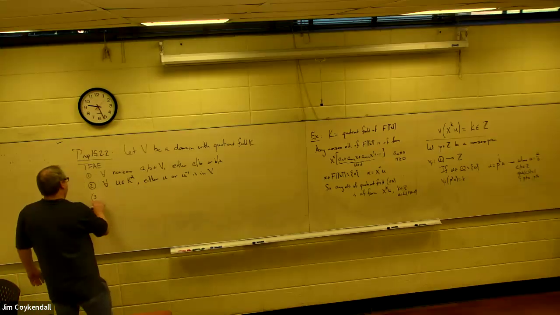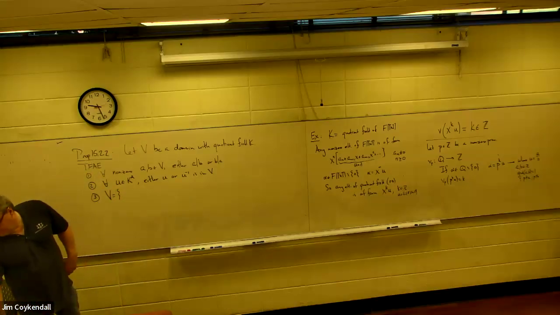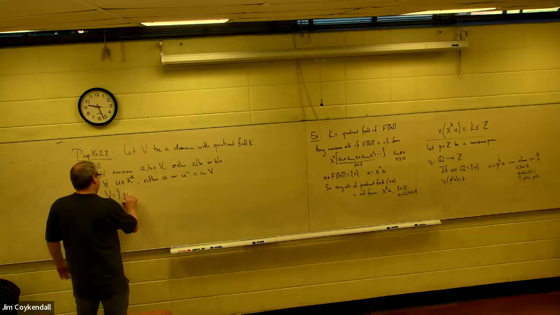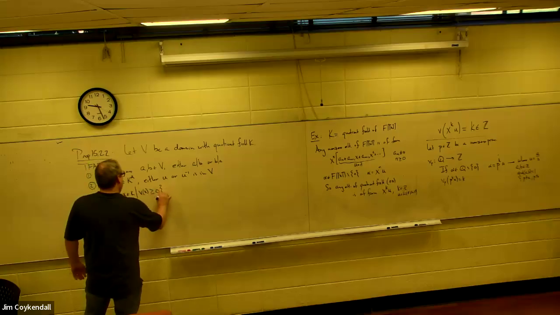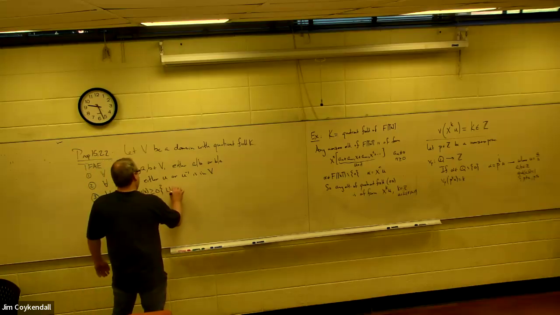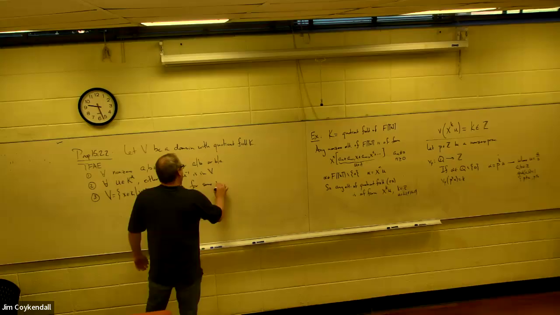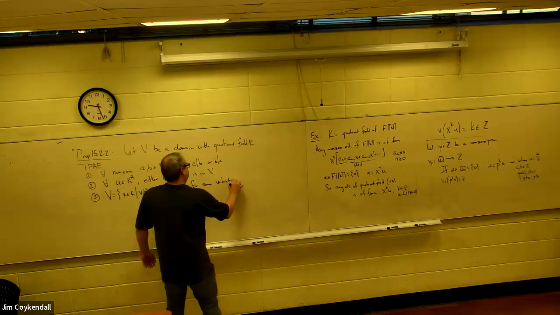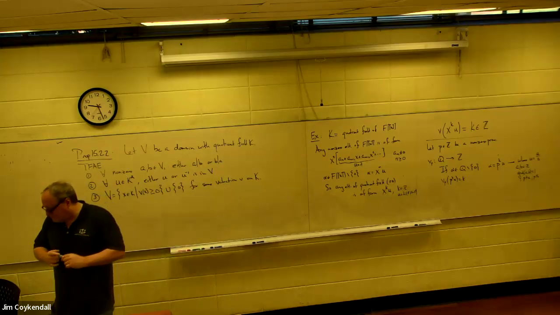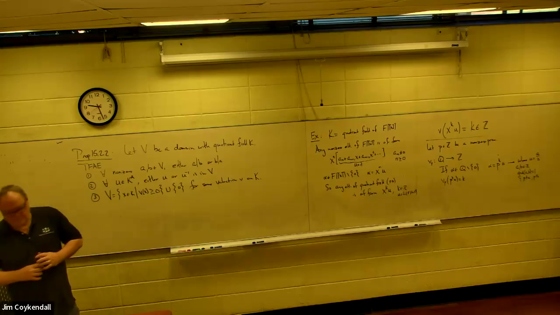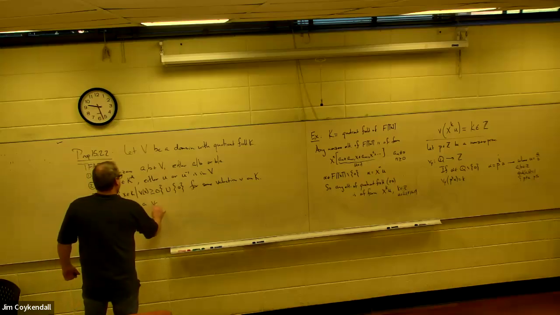Three, and this is why I define valuation. V is the collection of X in K such that v of x is greater than or equal to 0, union 0, for some valuation v on K. Definition.